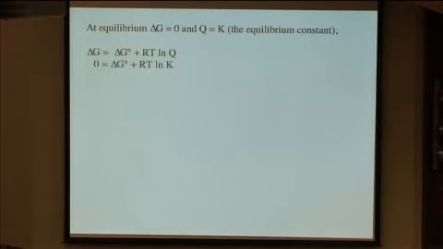And so we just set this whole term equal to 0. We can rearrange the equation, bringing delta G naught to the other side. And so we have delta G naught equals minus RT natural log of K, because at equilibrium, K is equal to Q. So now we have another term to solve for delta G naught and an equation that relates delta G naught to the equilibrium constant K.